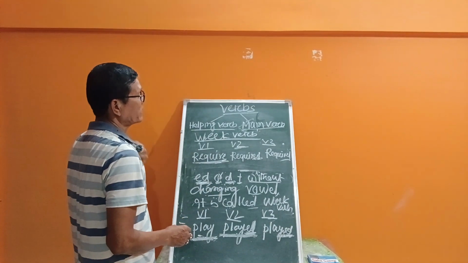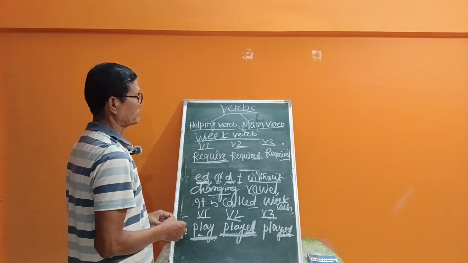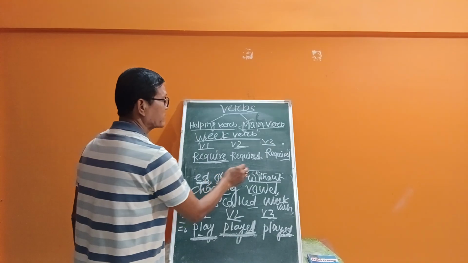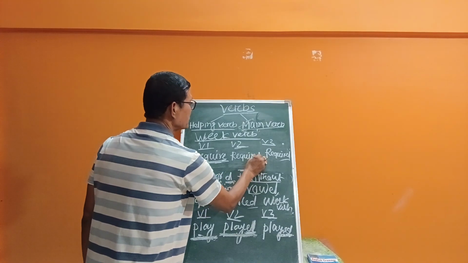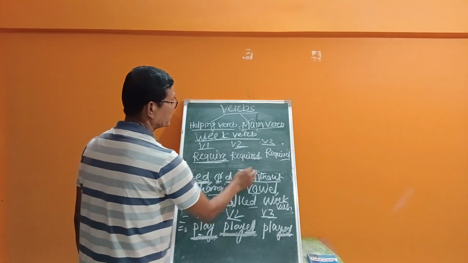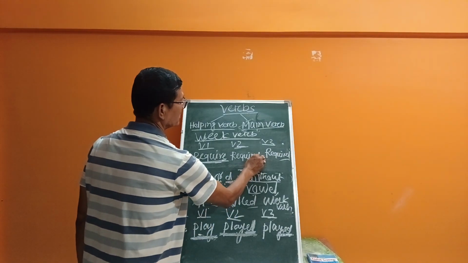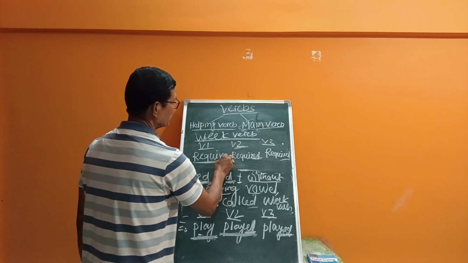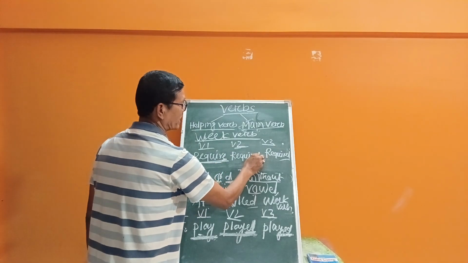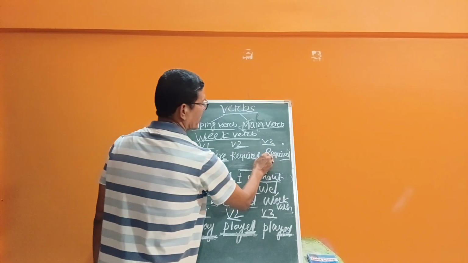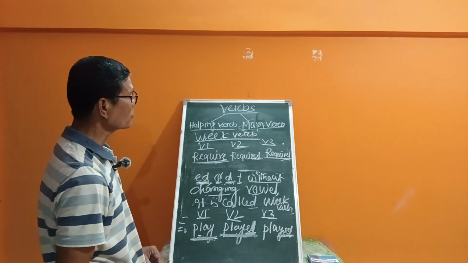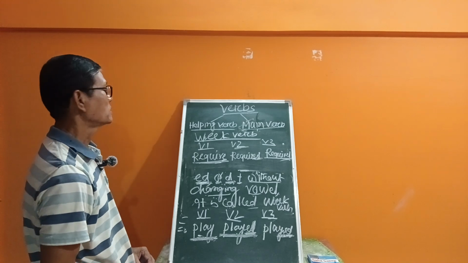If a verb forms its past tense and past participle by adding ed, as in played, or d, as in required, where we add only d because e is already there, and the past participle is also the same, that is called weak verb, isn't it?